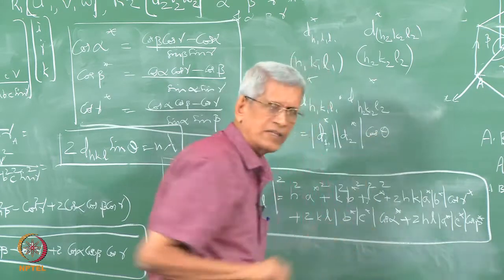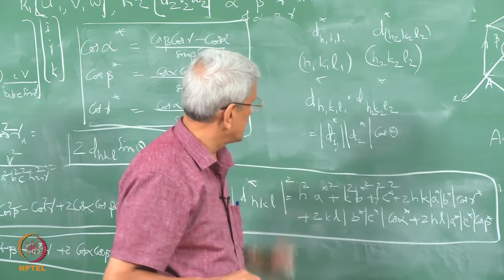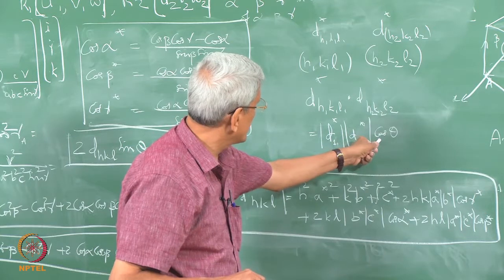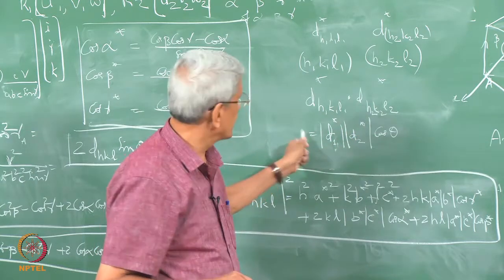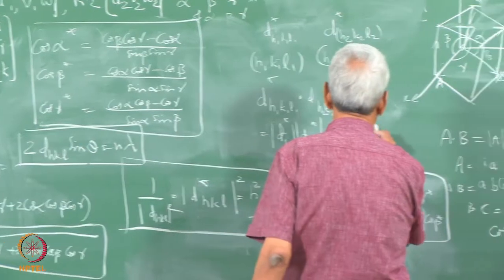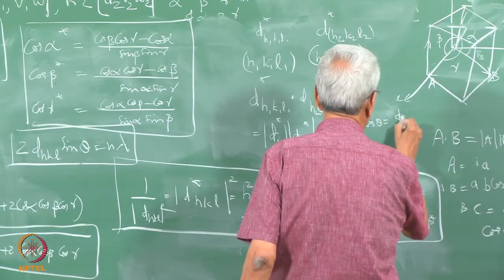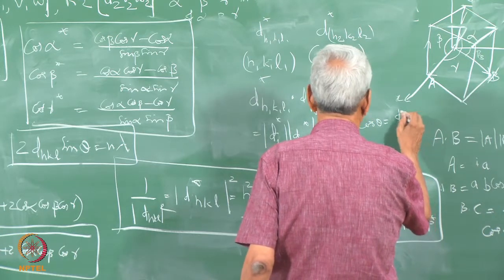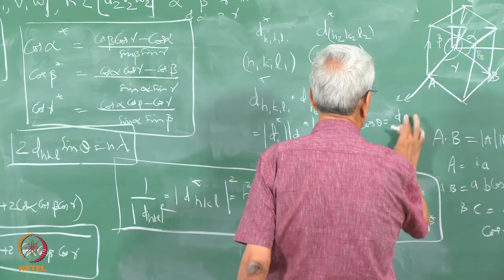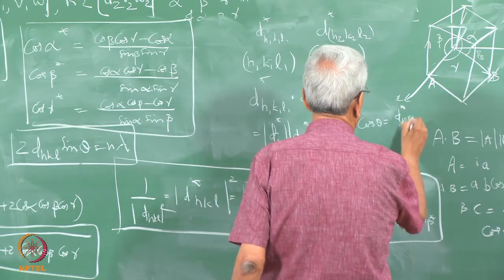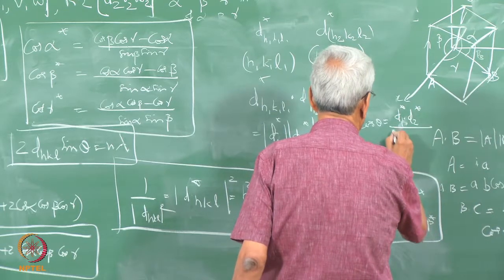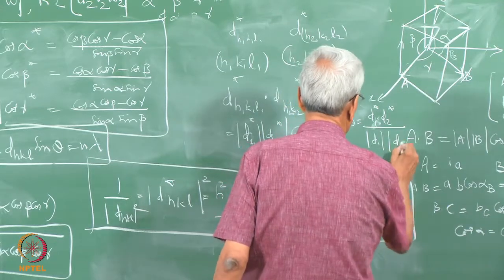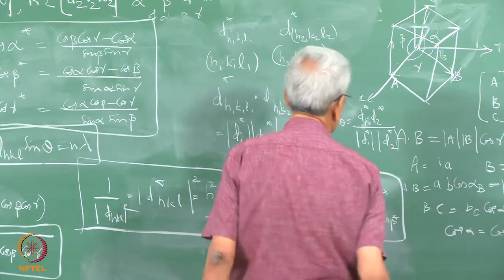So cos theta is nothing but d1 star dot d2 star divided by the modulus of d1 star into the modulus of d2 star.